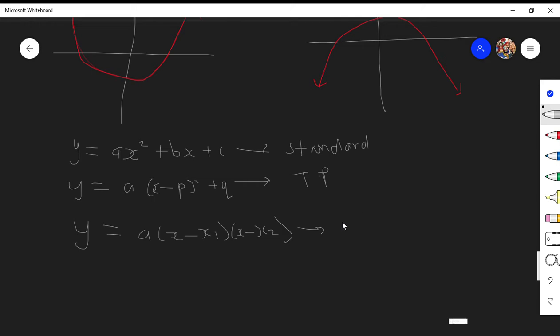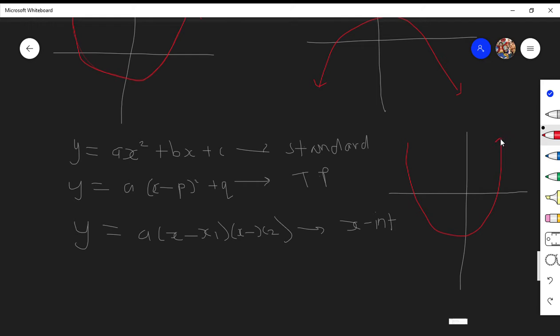So as you remember from previous grades, our x-intercept is when our graph cuts the x-axis, okay? So for example, let's make it a quadratic graph since we're dealing with quadratic equations.